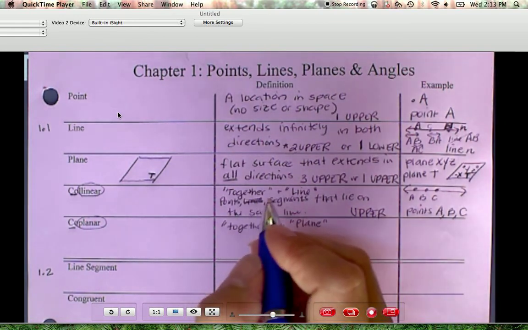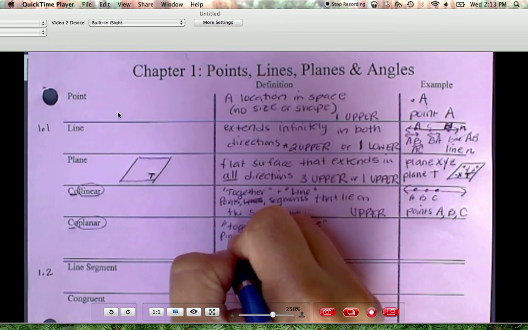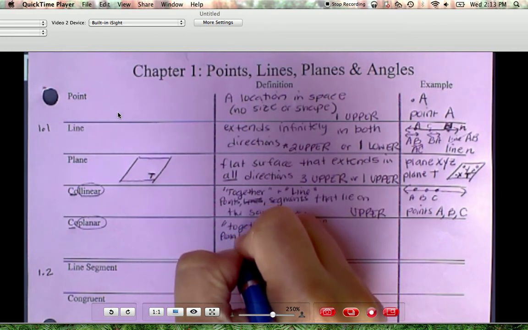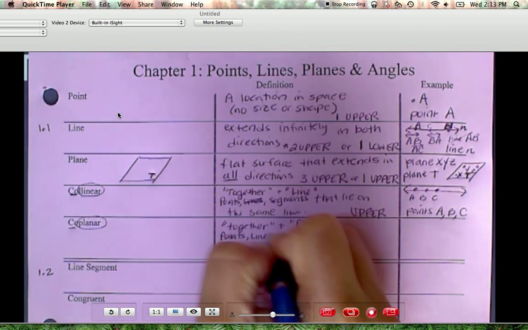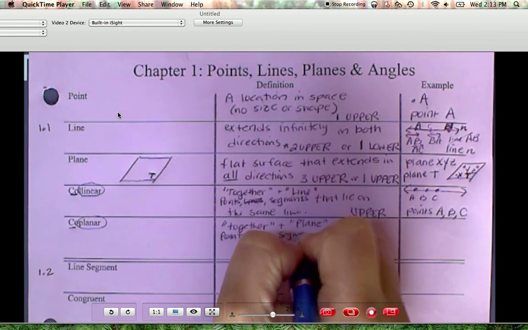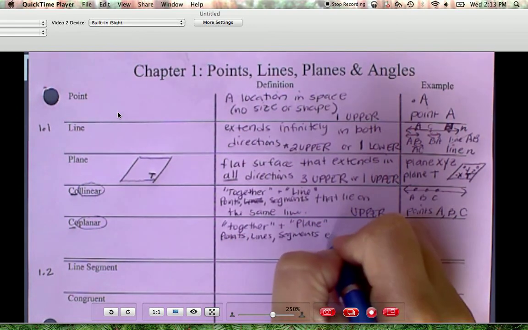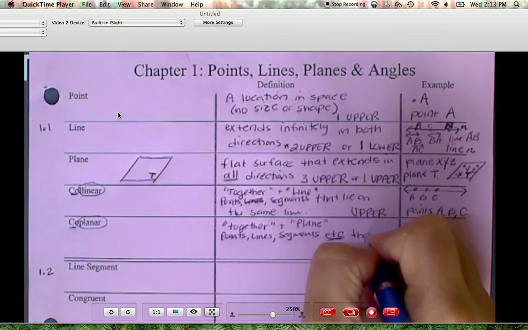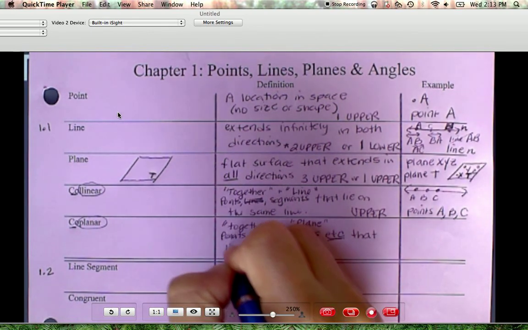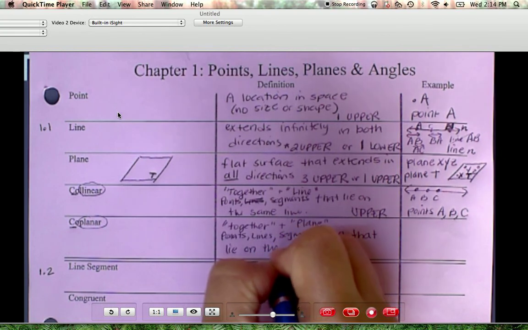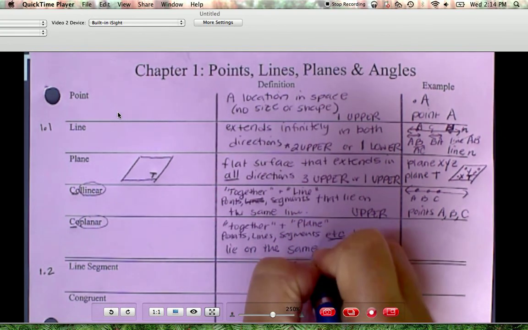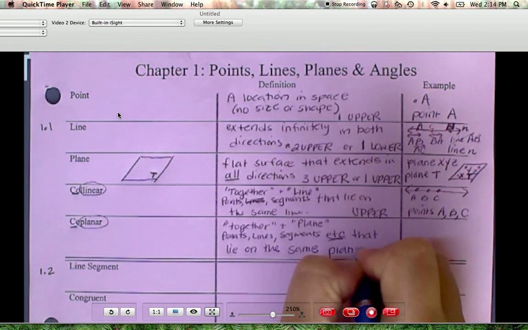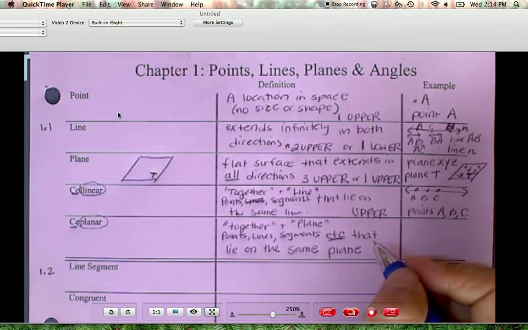So points, lines, segments, etc. So it could be more things that lie on the same plane, together on a plane, coplanar.